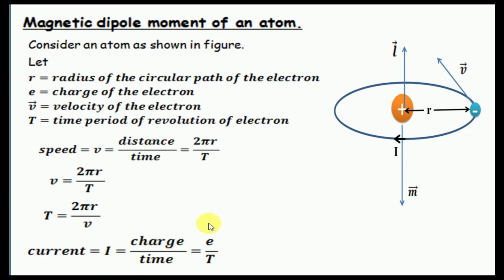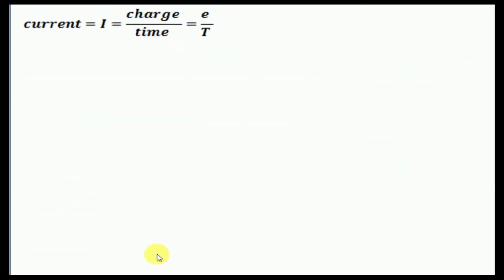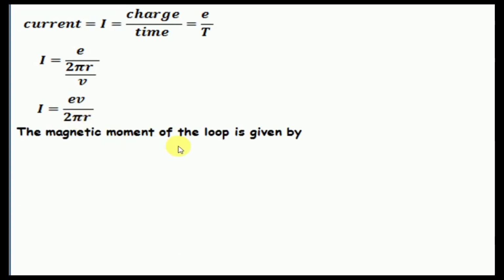So we know current is charge by time, so the charge is the charge of the electron and the time is the time taken for one revolution. I'll put the value of t as 2 pi r by v, so this will become I is equal to ev by 2 pi r.